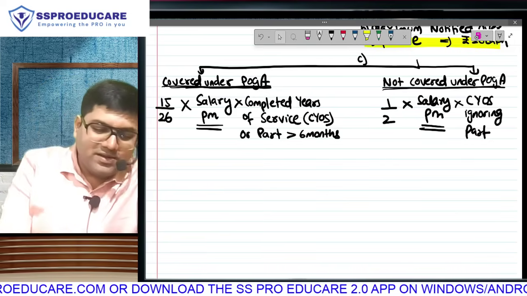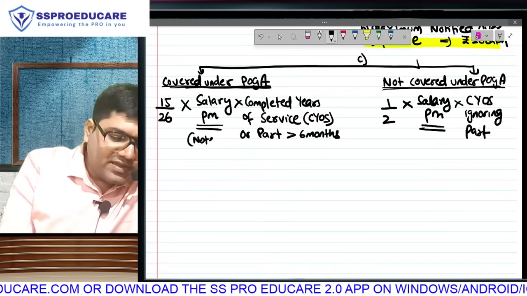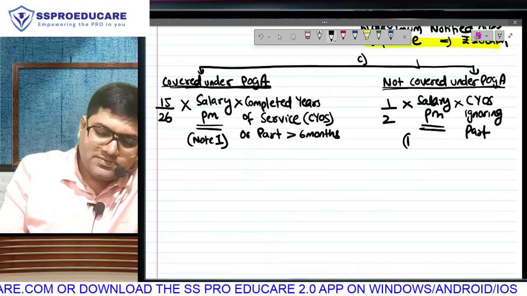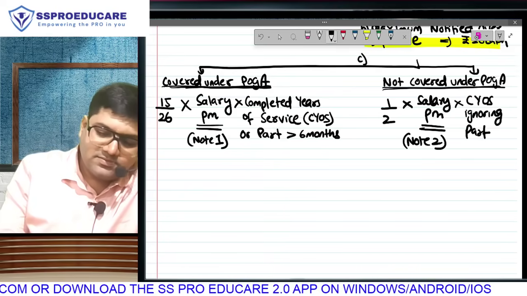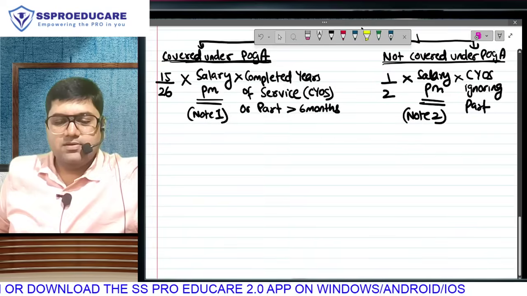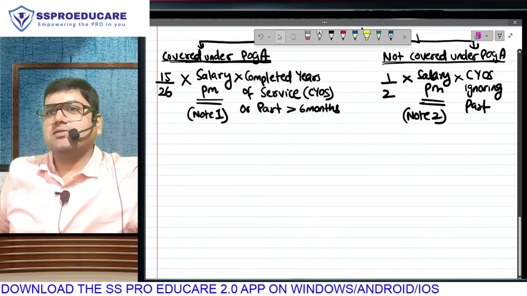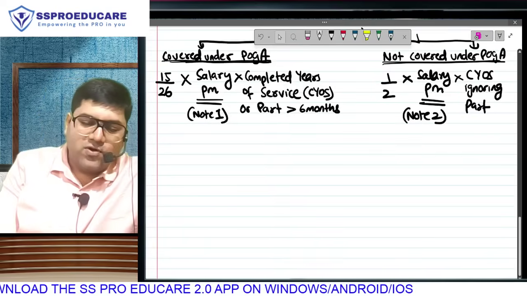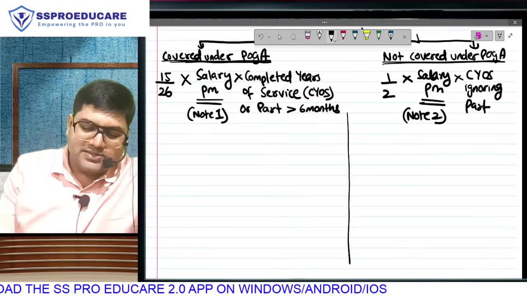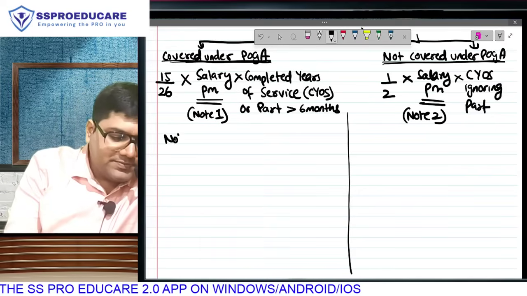So we will have to make two working notes for both salary calculations. What is the salary calculation as per POGA?